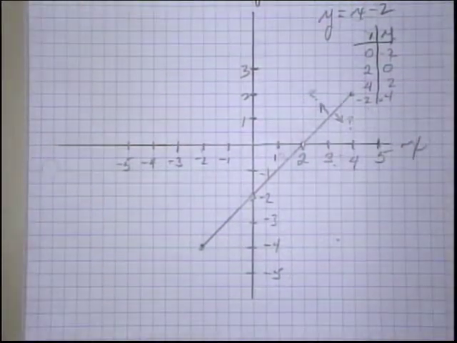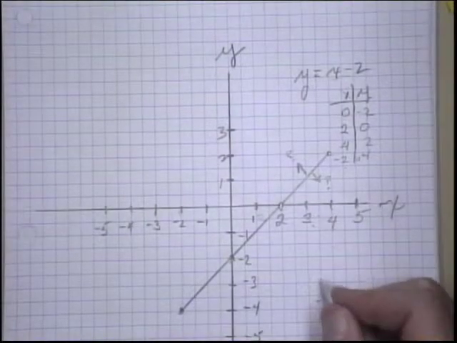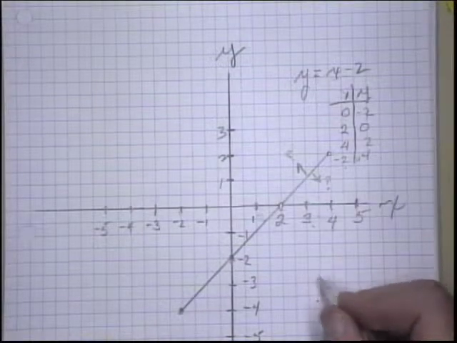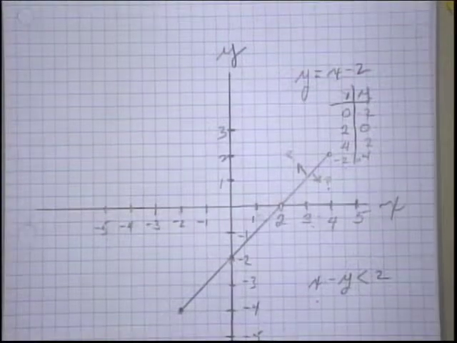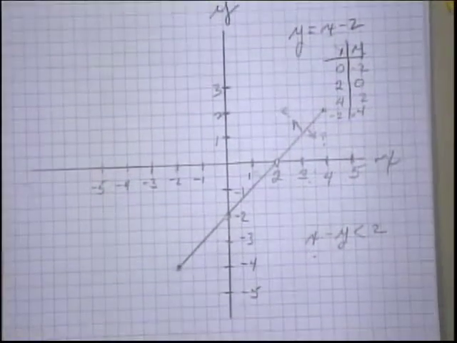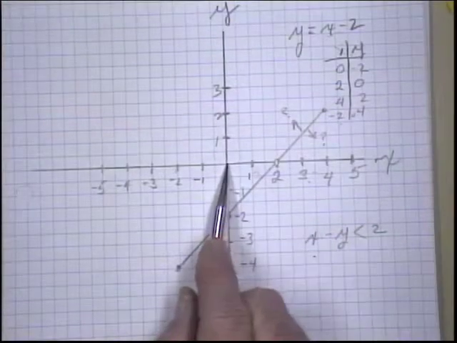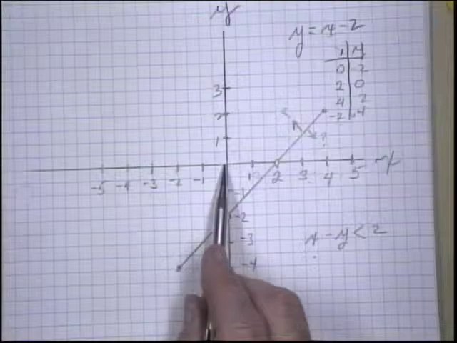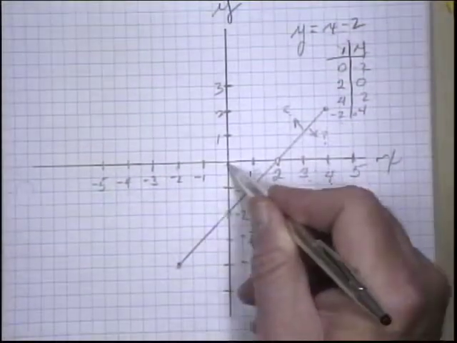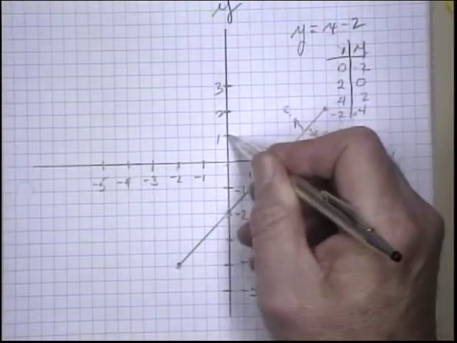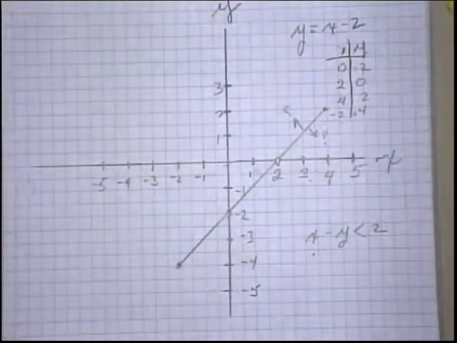One way to do that is just go ahead and rewrite your inequality, which was x minus y is less than 2, and plug in a point over here and see if that point is a valid point for that inequality. We could plug in this point, which is 0, 0, or this point, which is 0, 1, or this point, which is a minus 1, 0. It doesn't matter. Plug in any point.